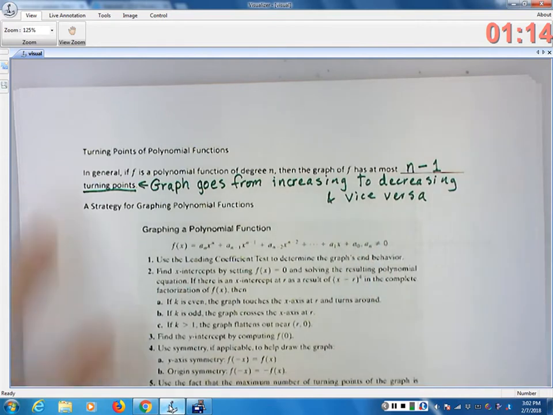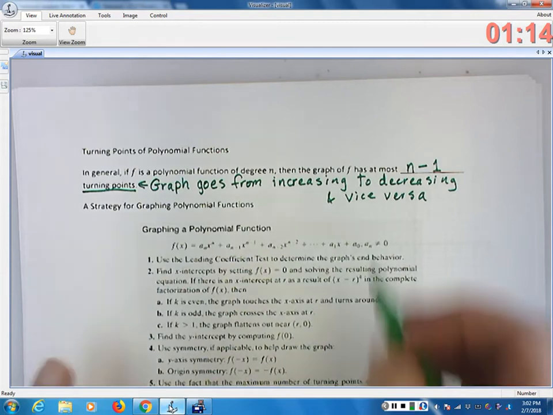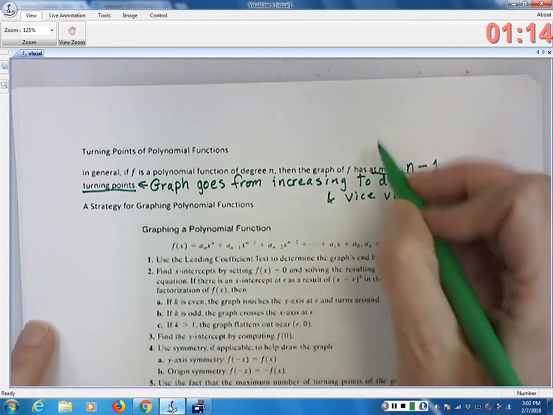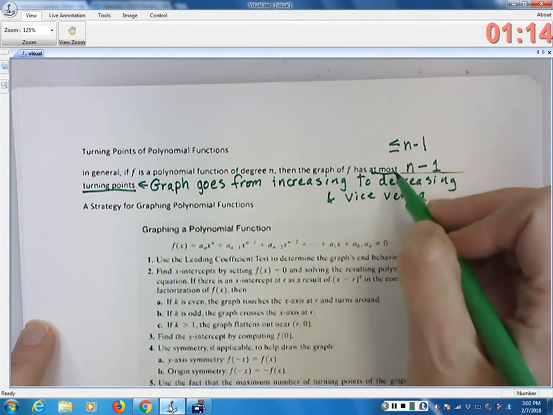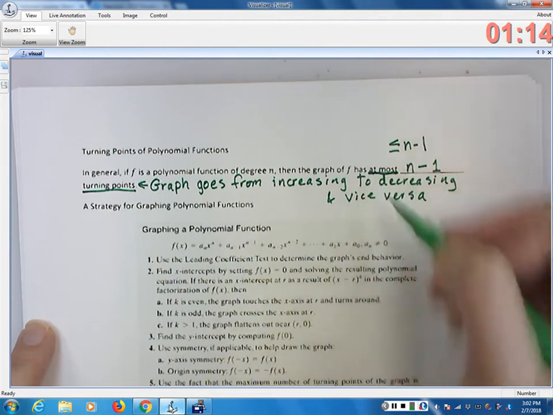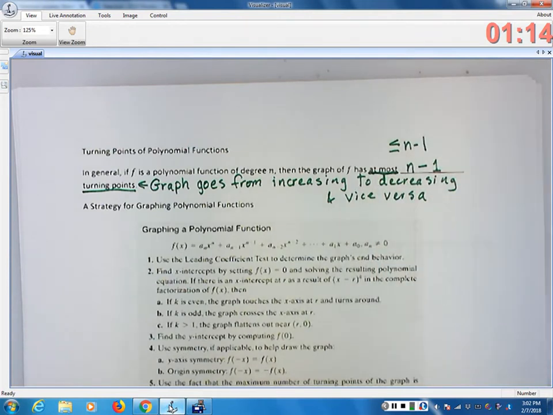So the number of turning points is less than or equal to n minus 1. At most means less than or equal. So if you've drawn a graph and it's degree 3, then it can have 2 turning points at the most. Doesn't mean it has 2, it can have only 1.